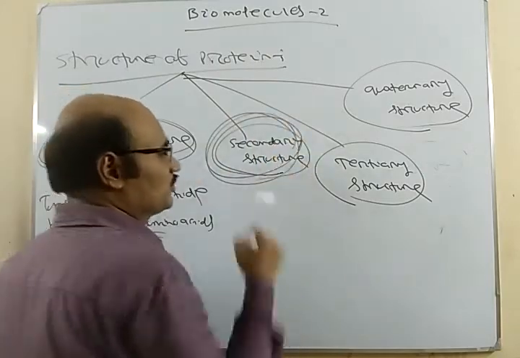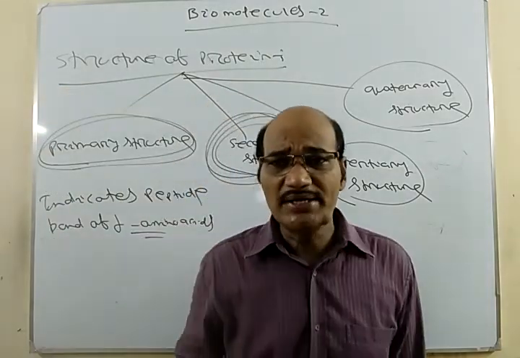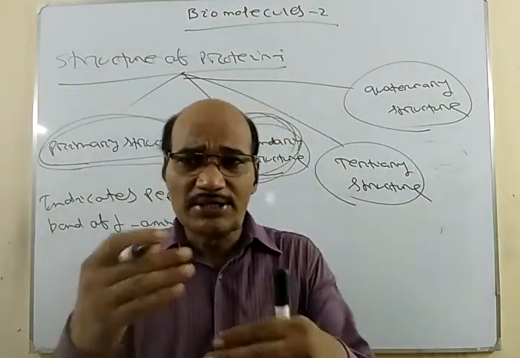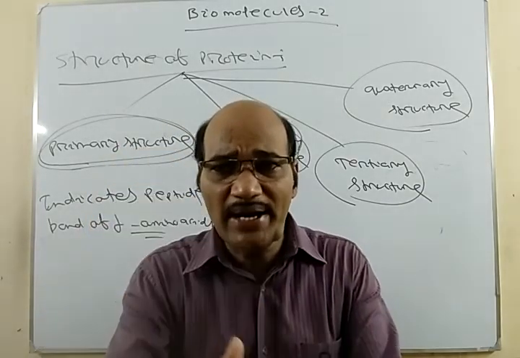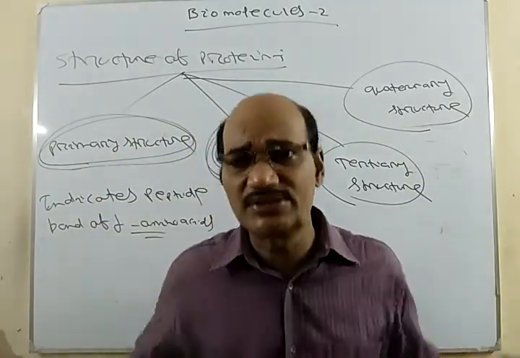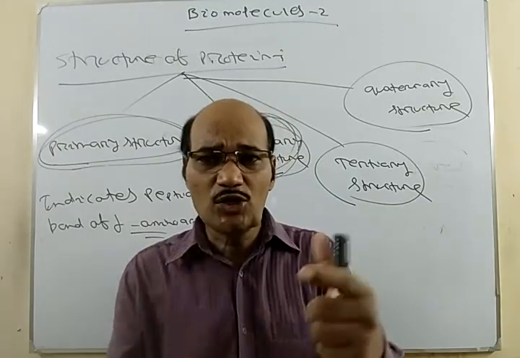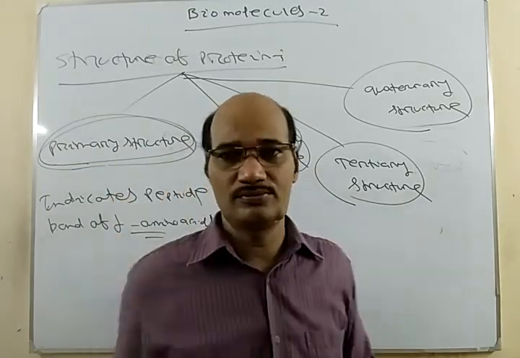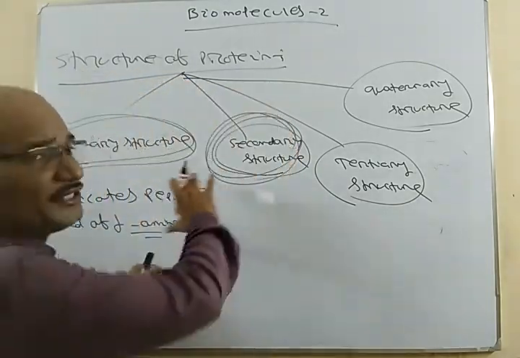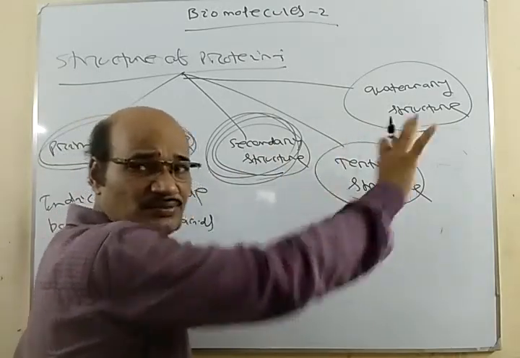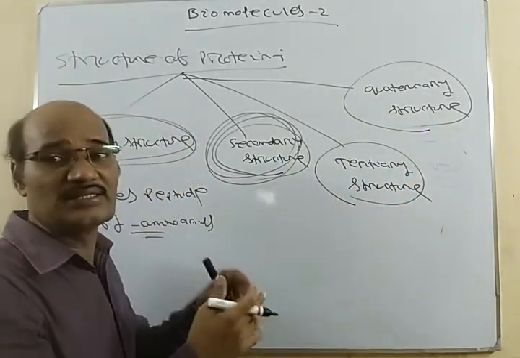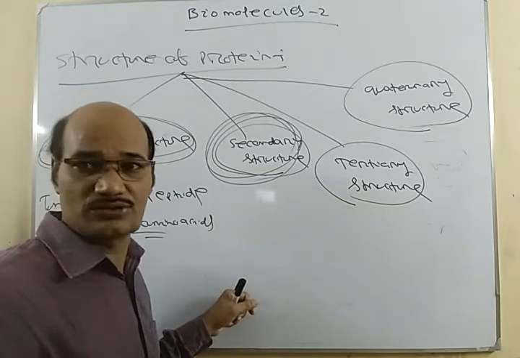Now secondary structure indicates how the different peptide chains of the proteins are joined together through hydrogen bonding. Because we have different layers of peptide chains, and the different peptide chains are again joined through the hydrogen bonds.